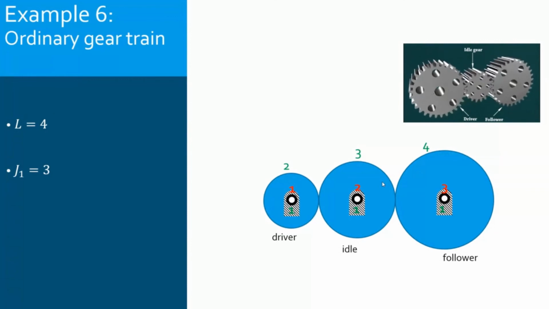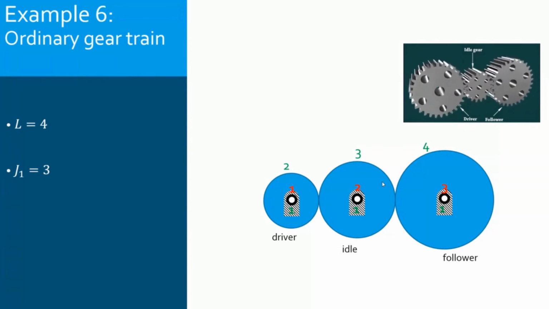So it's rotating about a fixed axis on the ground. So I have 1, 2, 3 pin joints between each gear and the ground. So J1 is 3.